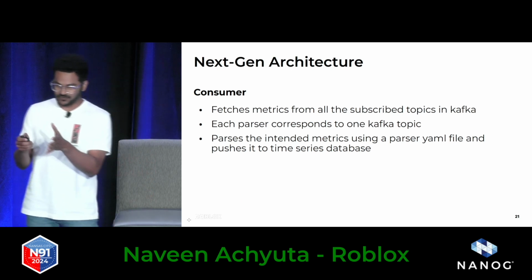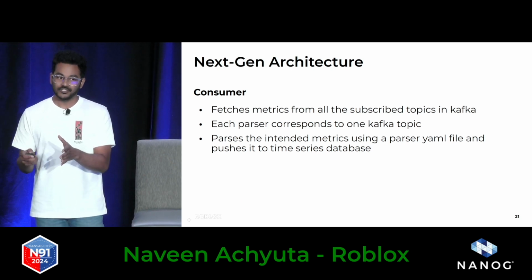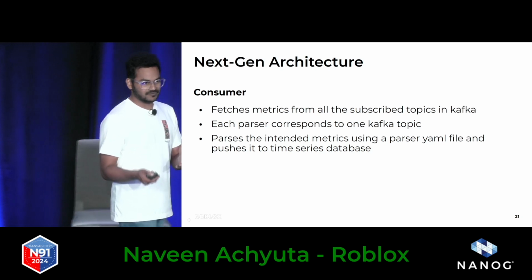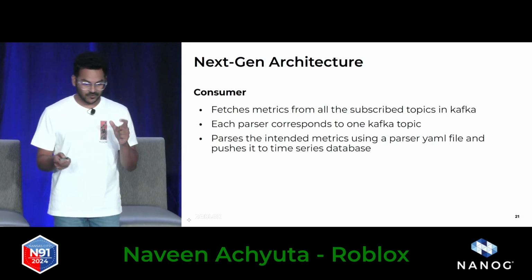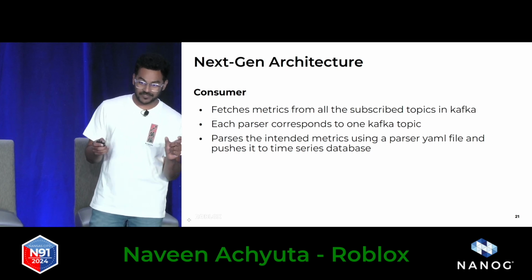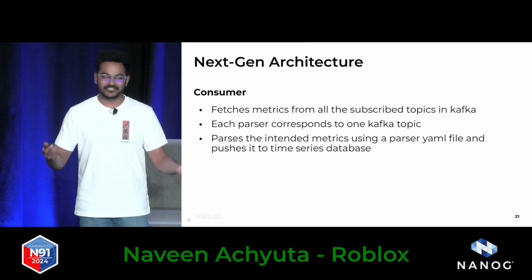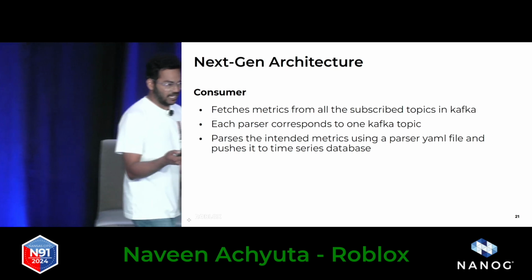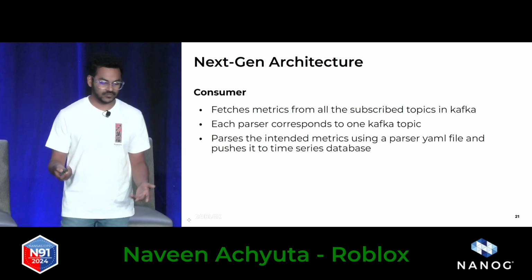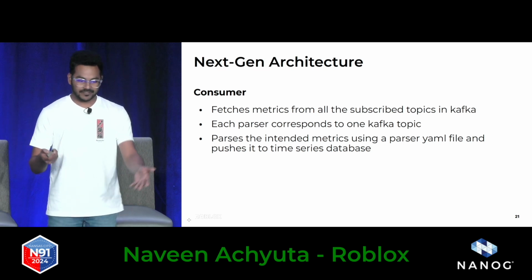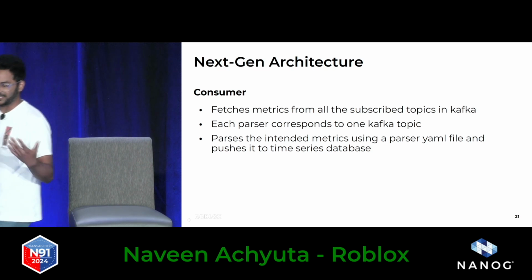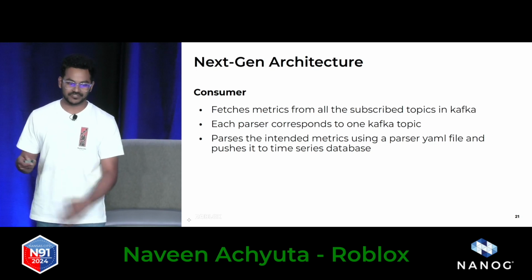That is part of gnmi.interface.counters. So if we want to parse any data, we know how it looks. For every topic, we will have one parser that can just parse through the data. Let's say if we want bytes, errors, drops, we can do that. And then we send that data to the time series database.